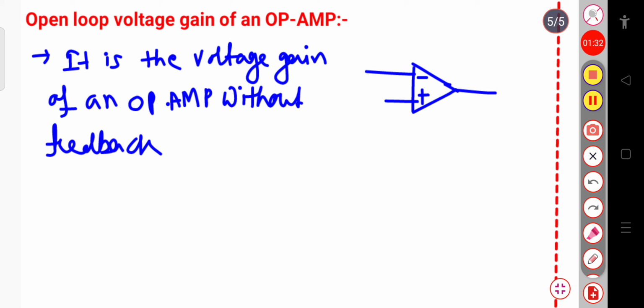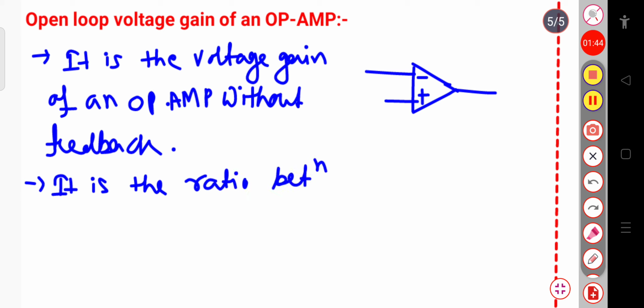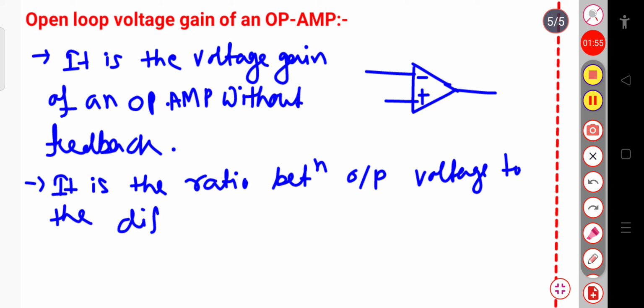Okay, and we can write that it is the ratio between the output voltage to the differential input voltage.